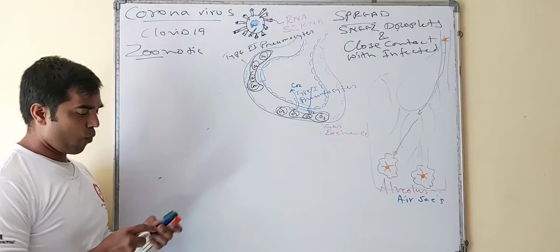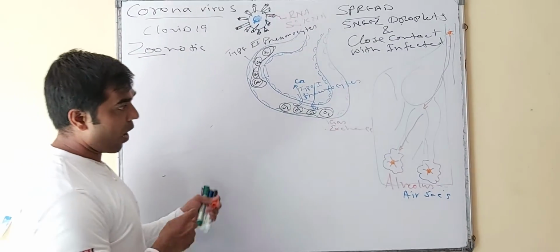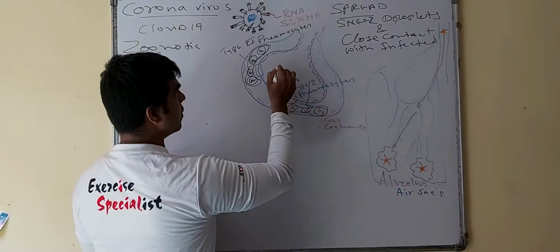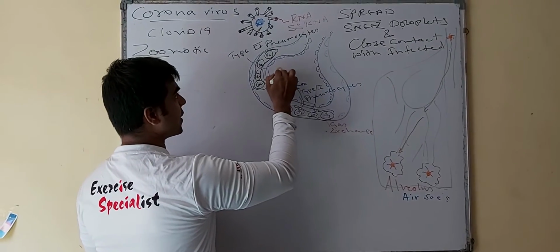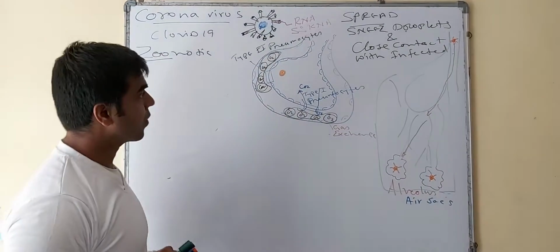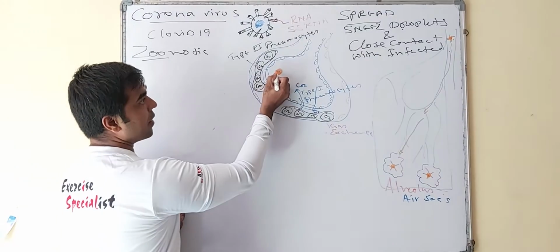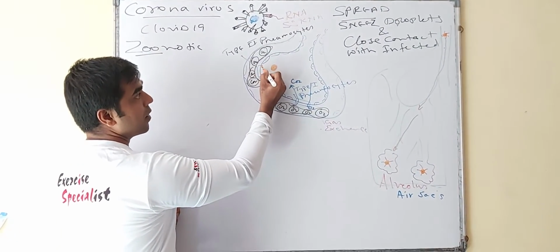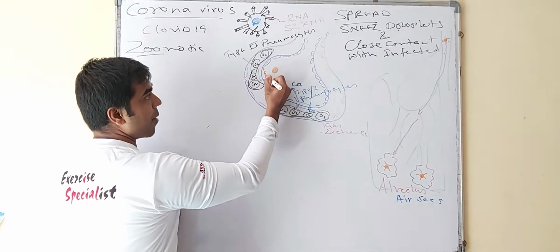Okay, now what happens when this virus is present here? When this virus is present in the alveoli, it loves to bind on the receptor.